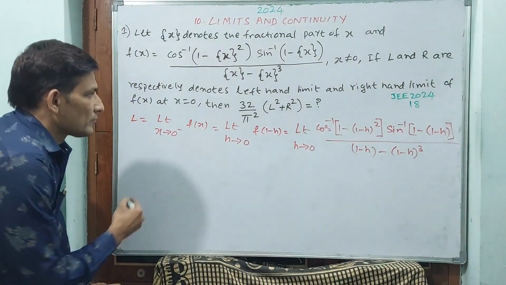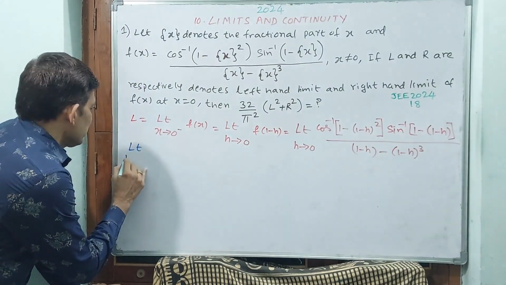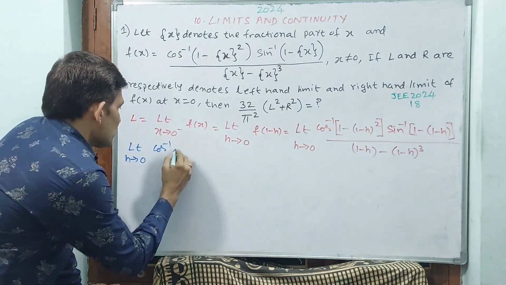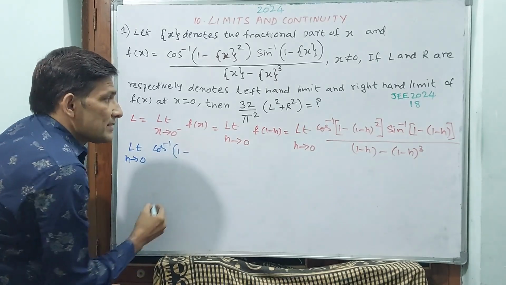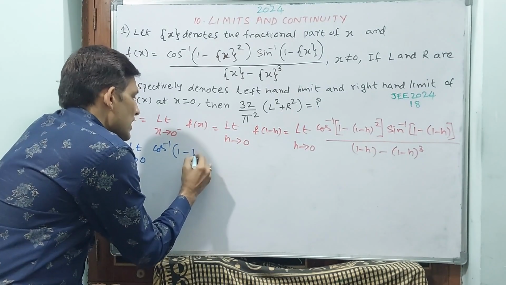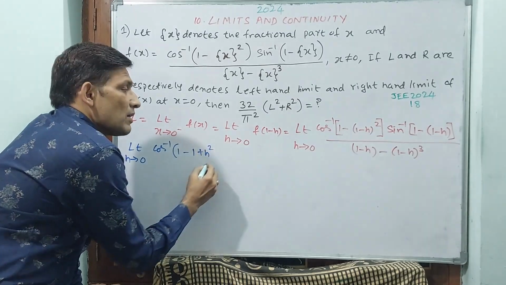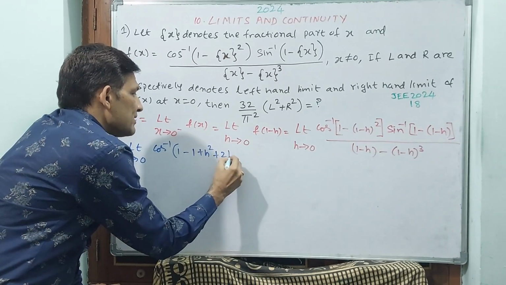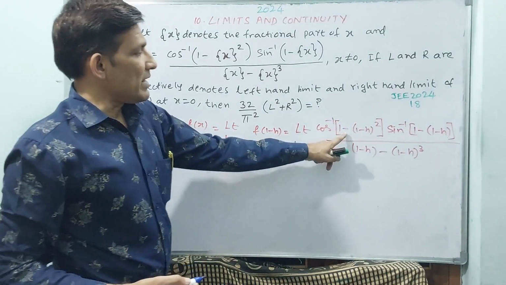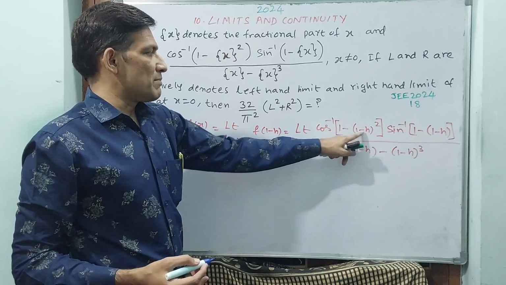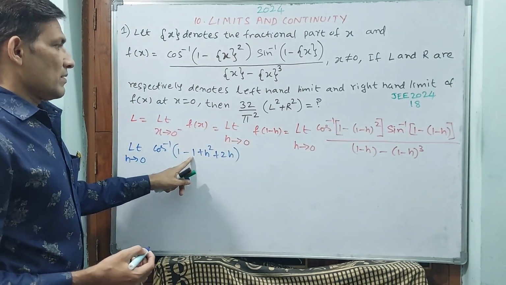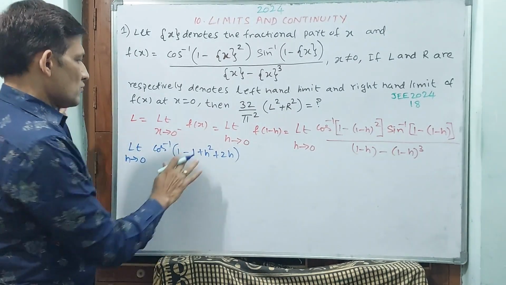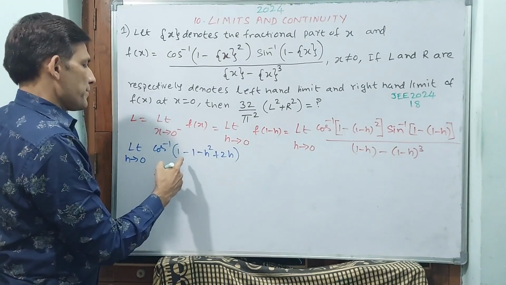Let us do step by step. Limit h tends to 0 of cos inverse of 1 minus (1 minus h) whole square, which is 1 plus h square minus 2h, but the outside minus is there, so h square also I have to write with a minus.